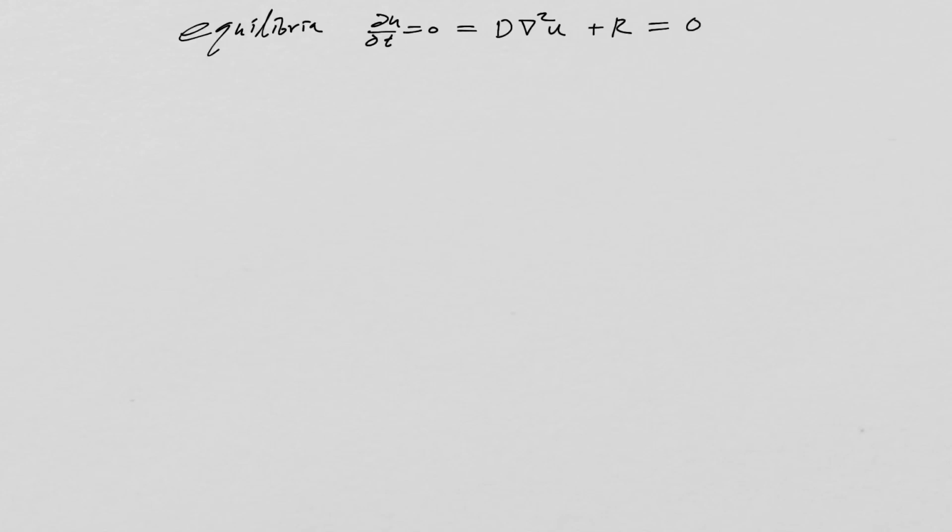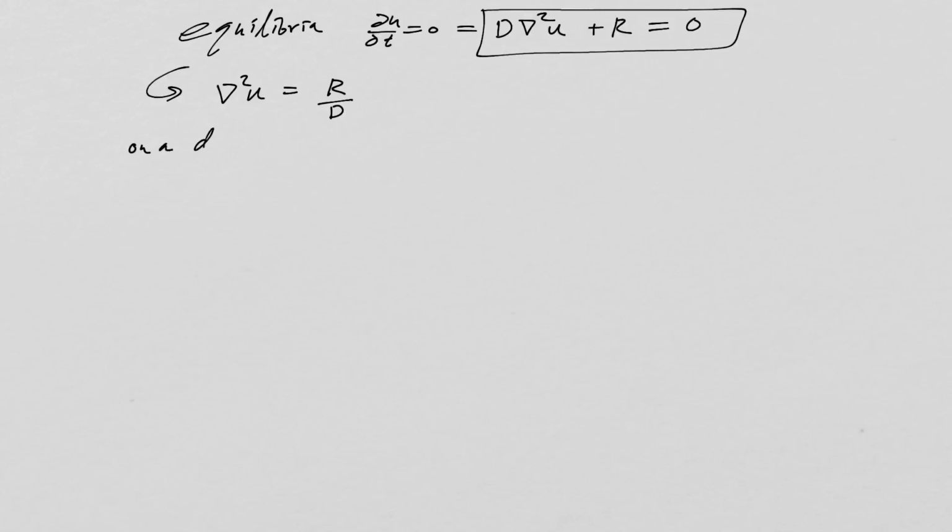Okay, so what we have here is this equation here. All right, so I can rearrange, and we have the Laplacian of u is equal to r over d, okay? And we also could be on a domain W, okay?